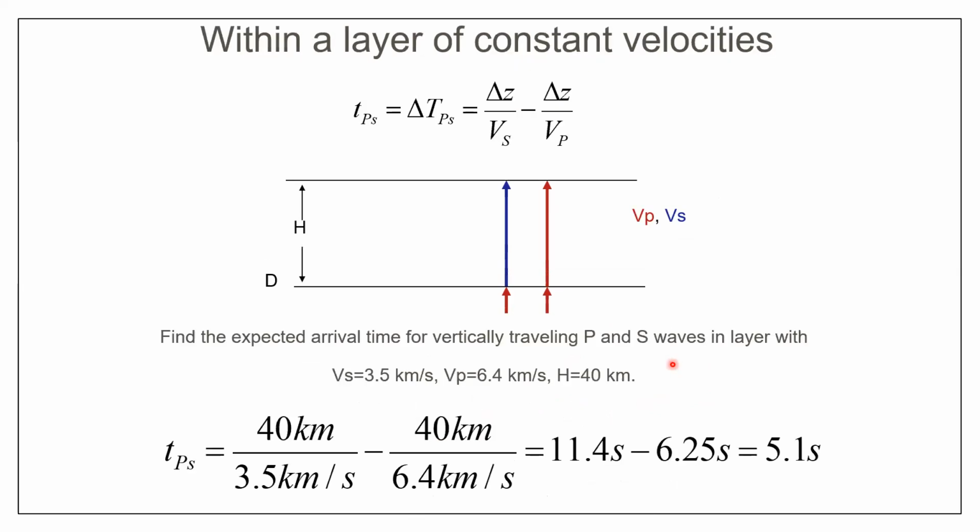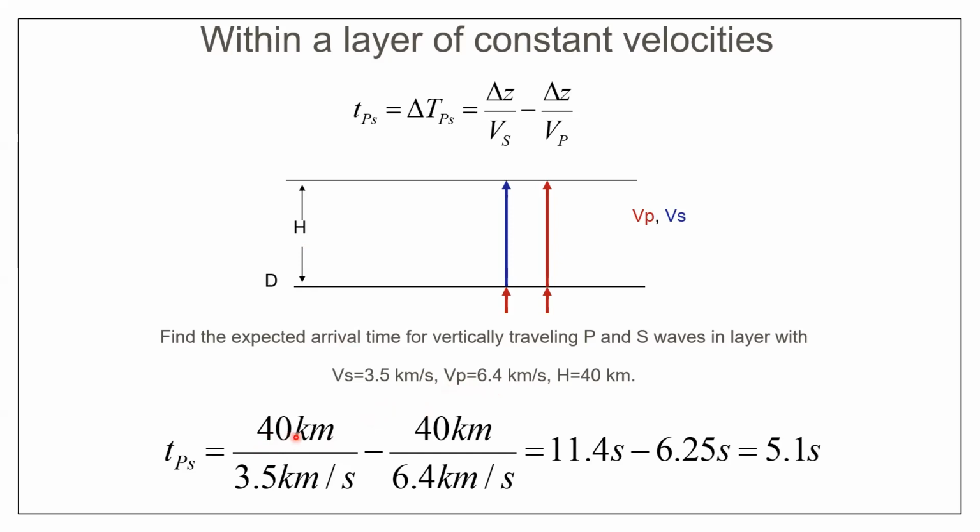Suppose you are considering this H value to be 40 kilometers, which is generally the case for the depth of the Moho discontinuity. And if you are considering the average shear wave velocity in the crust as 3.5 kilometers per second and P wave velocity as 6.4 kilometers per second, then you can just take the difference of the arrival time of the S wave minus the P phase.